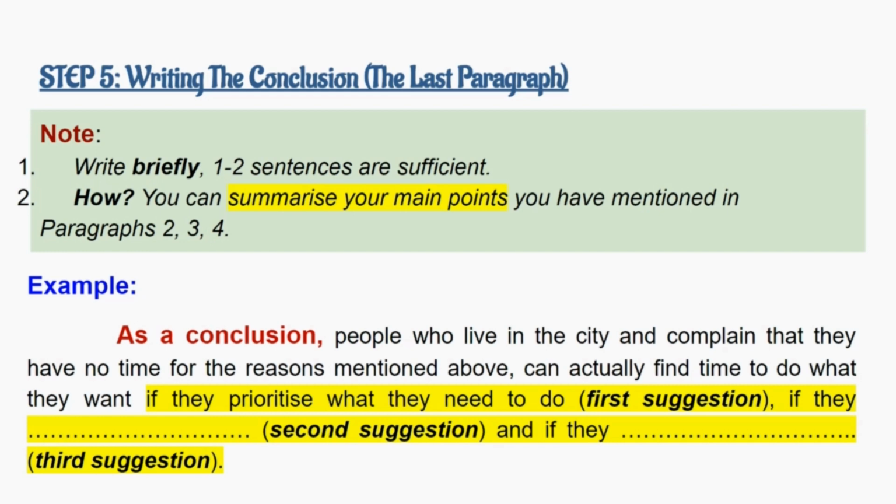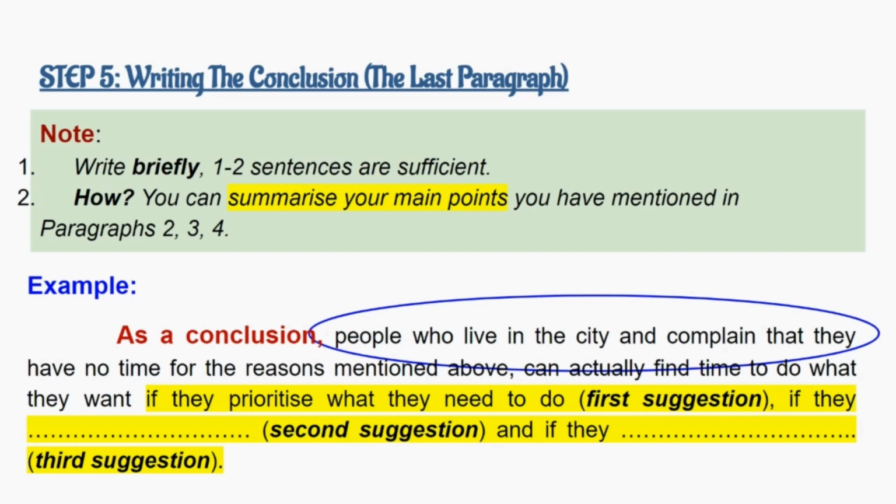As a conclusion, people who live in the city and complain that they have no time for the reasons mentioned above can actually find time to do what they want if they prioritize what they need to do. Notice the words circled here.